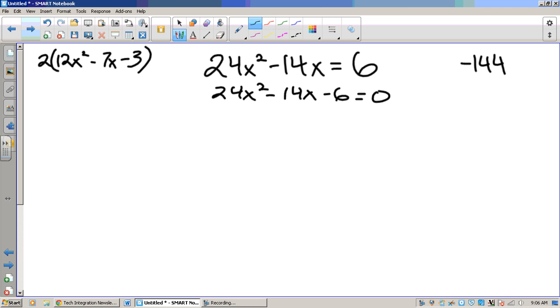So now what are we multiplying to? Negative 36 and adding to negative 7. Is there anything that multiplies to negative 36 and adds to negative 7?